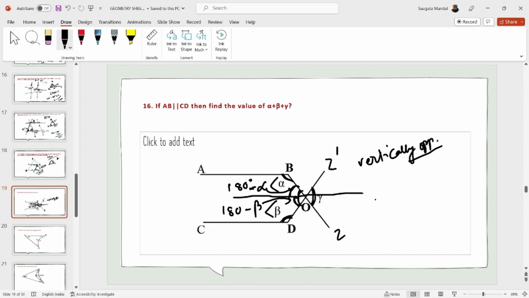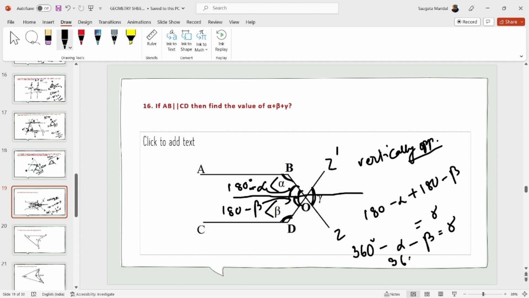So please equate the equation: 180 degrees minus alpha plus 180 degrees minus beta equals gamma. That means 360 degrees minus alpha minus beta equals gamma. 360 degrees equals alpha plus beta plus gamma.